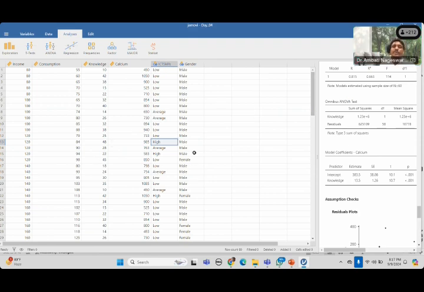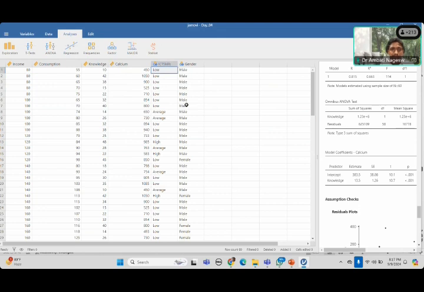Now, my null hypothesis is that there is no association between gender and ICT competencies. Whether a person belongs to the male or female category has no association with having ICT competencies, that is, information and communication technology skills.